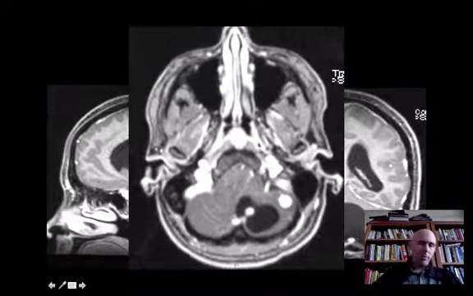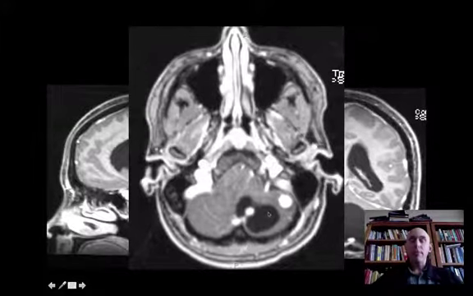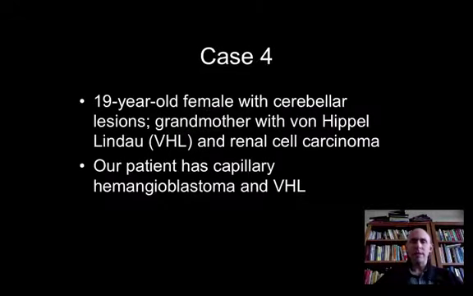But lo and behold, when we look in axial plane, we see that, yeah, well, there's a cyst, and there's some complex nodularity in the contrast enhancement, maybe kind of a dumbbell-shaped cyst here. There's actually another contrast-enhancing nodule here that's not contiguous with the cyst. And if you'd page up and down through this MRI, you would have seen other examples of this. So this is just highlighting the contrast-enhancing nodules.